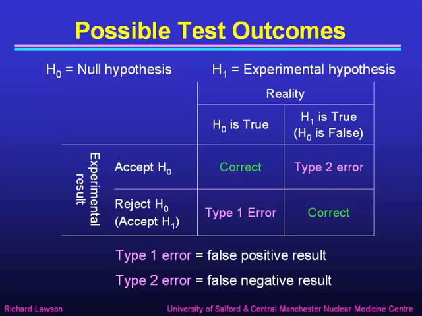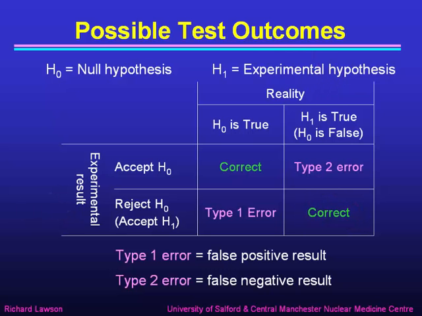If we look at the possible test outcomes, if h0 is the null hypothesis and h1 is the experimental hypothesis, then in reality there are only two possible results. Either h0 is true or h1 is true, which means that h0 is false. But our experimental results could either be accept h0, which if h0 is true gives us a correct answer, or reject h0, which if h0 is false gives us a correct answer.